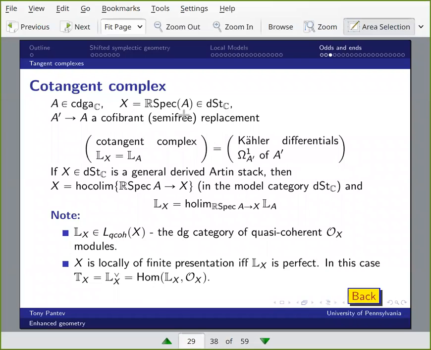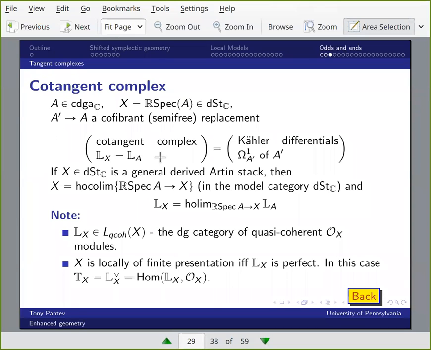We say that X is locally of finite presentation, so that means that locally this algebra of functions is actually a polynomial algebra on finitely many variables, maybe in different homological degrees, but totally finitely many.